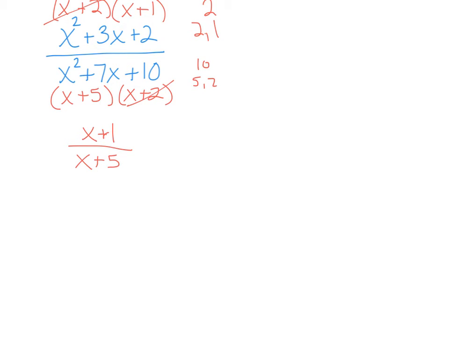One more we're going to look at together. Let's say we've got x squared minus 64 over x squared minus 16x plus 64. Do you remember this difference of perfect squares? That's the top part.